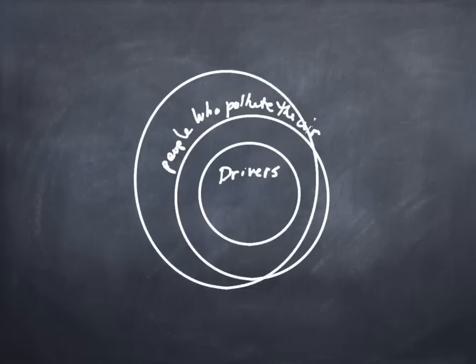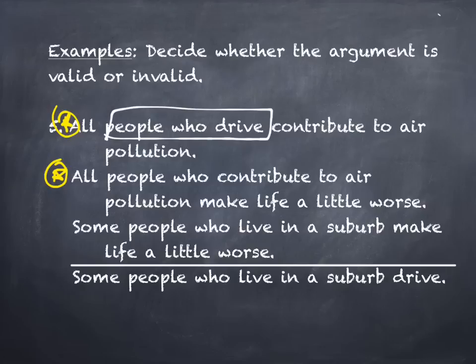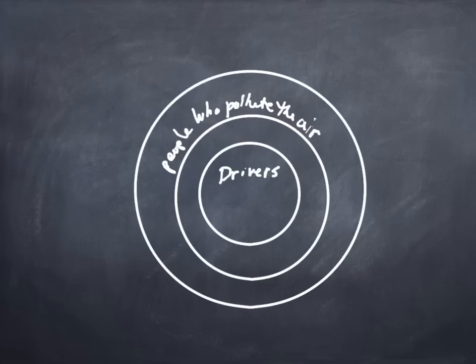Yeah, does everybody see why she's saying that? The second sentence says that the people who contribute to air pollution should be a circle inside of a bigger circle talking about making life a little worse. Okay? So I can take what I've already drawn and I can simply draw a larger circle around the description.